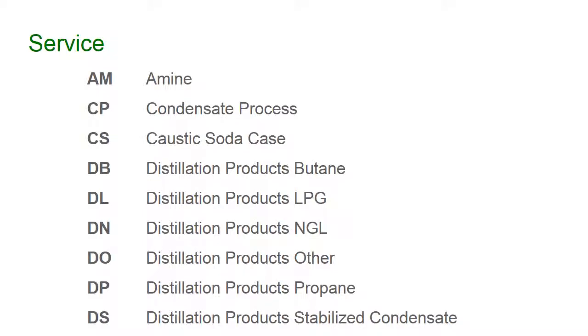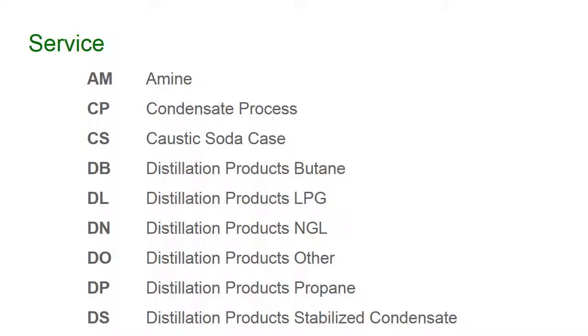Service: CP, condensate process. CS, caustic soda case. DB, distillation product butane. DL, distillation products LPG. DN, distillation products NGL. DO, distillation products other.